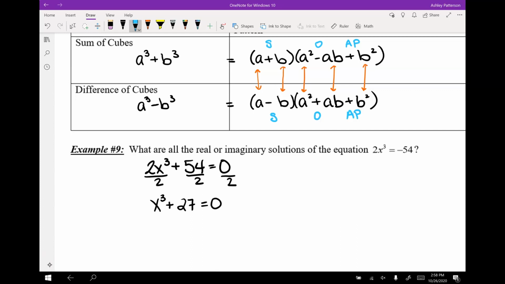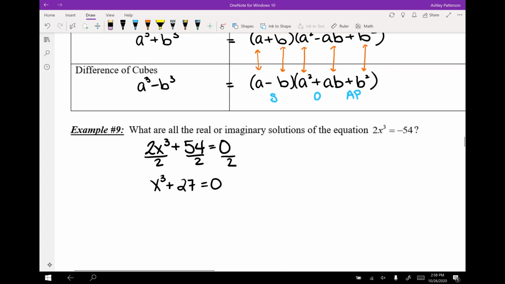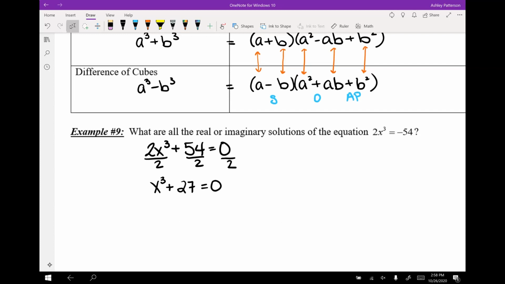Beautiful. This is the a cubed. This is the b cubed. So we're dealing with the sum of cubes, which means we're dealing with the first pattern. We need to figure out what a is and what b is in order to plug it into the pattern appropriately. How do we do that?